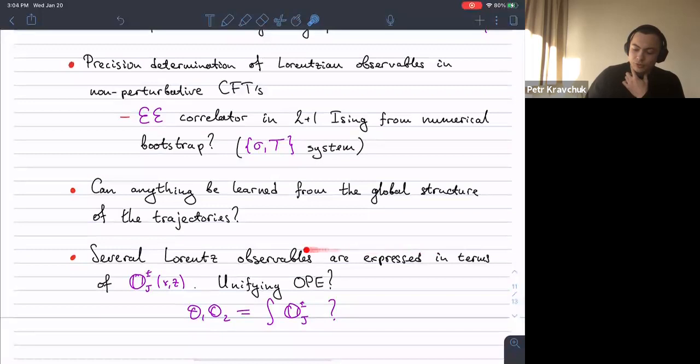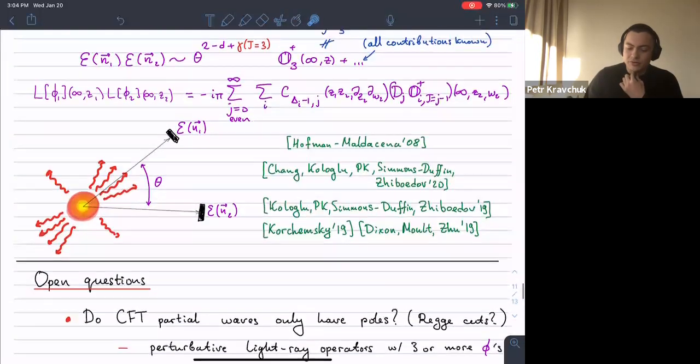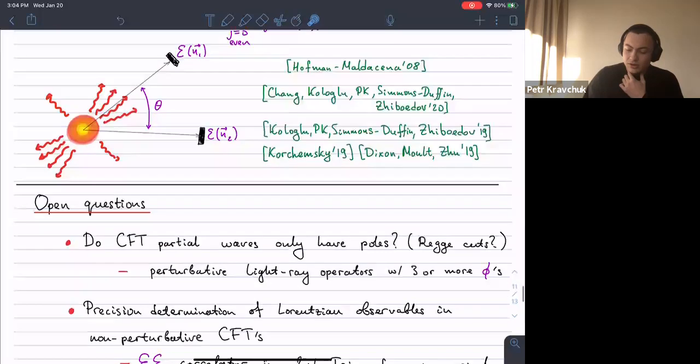Finally, a more open-ended question is that both the Regge limit and this energy correlator are some kind of operator product expansion between two local operators. In this case, it's stress tensors, and for the Regge limit it's anything else.